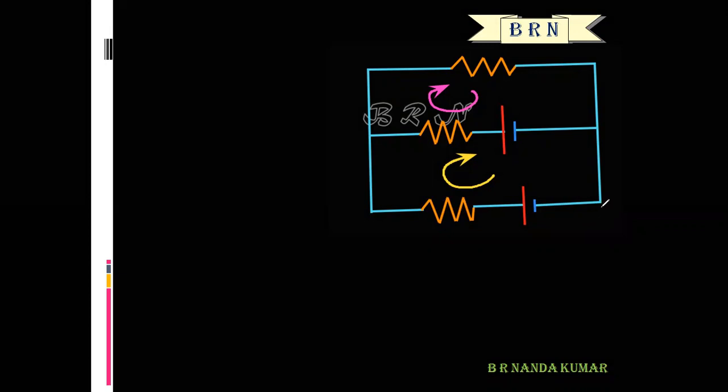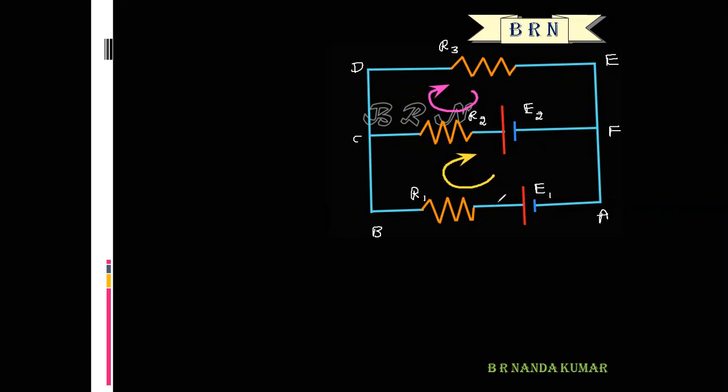First, let us consider this point as A, this point as B, this point as C, D, E, and this one F. This cell has EMF E1 and resistance R1, this cell has EMF E2. This resistor has resistance R2. This resistor has resistance R3.